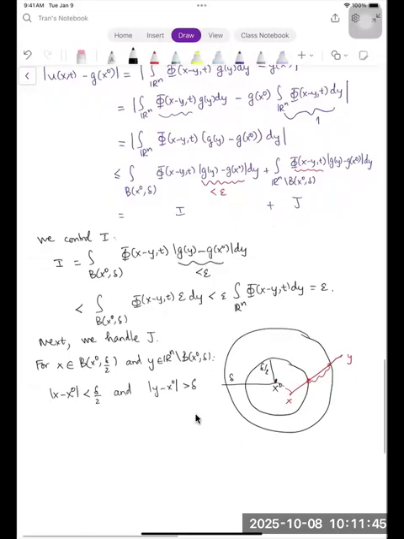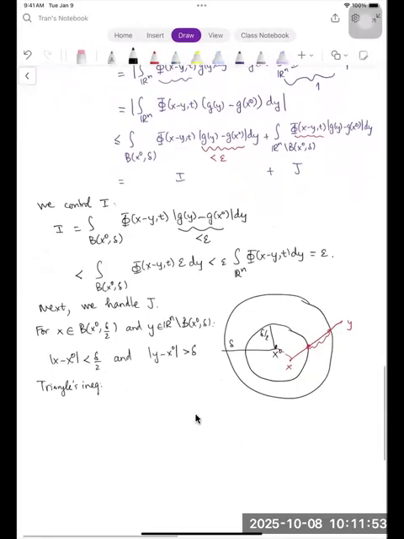So as a result, by the triangle inequality, x minus y plus x minus x naught is greater than or equal to y minus x naught.